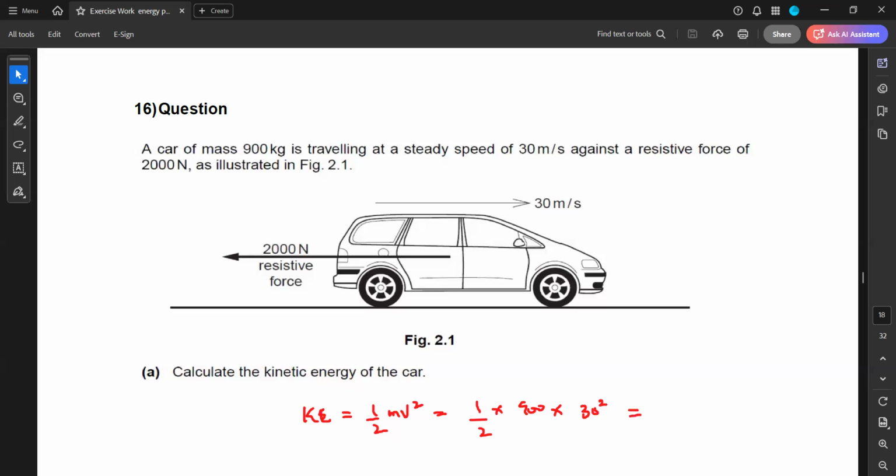So half times 900 times 30 squared will be 405,000 joules, or we can also say 4.05 times 10 to the power 5 joules. So that is the kinetic energy of this car.